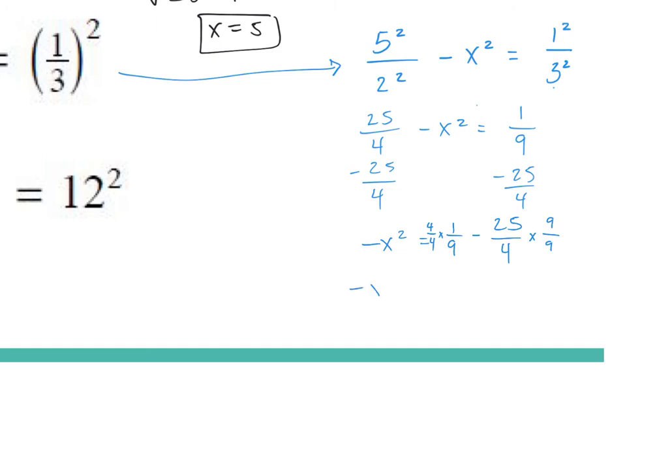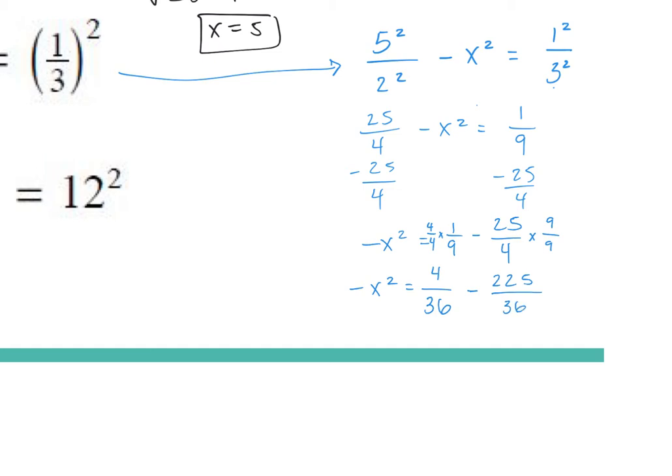We're going to get negative x squared equals 4 times 1 is 4. 4 times 9 is 36. Minus 25 times 9 is 225. I did this earlier. That's the only reason I know this, okay? And then 4 times 9 is 36. Remember, you are going to have a calculator to calculate all of this.